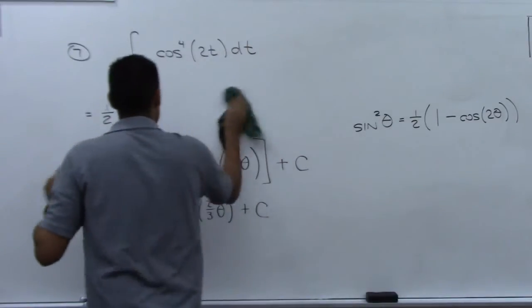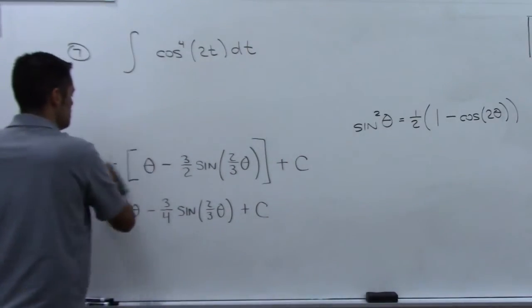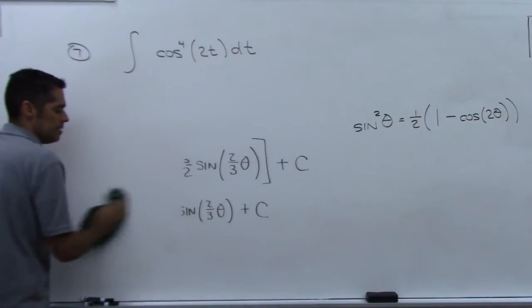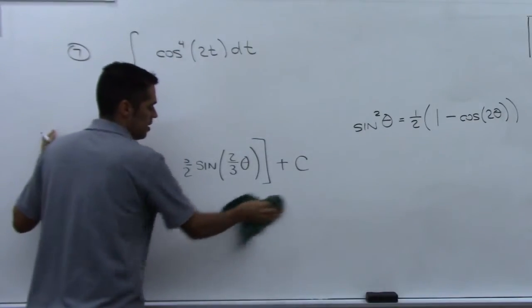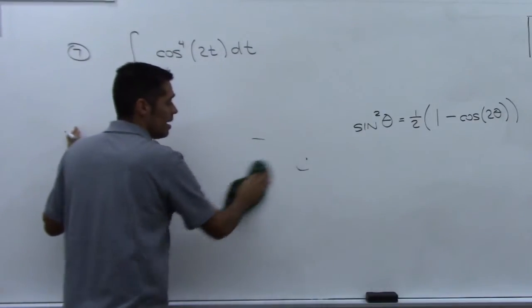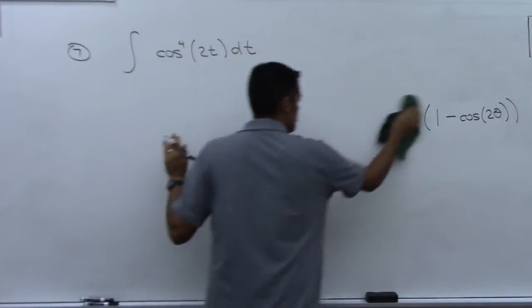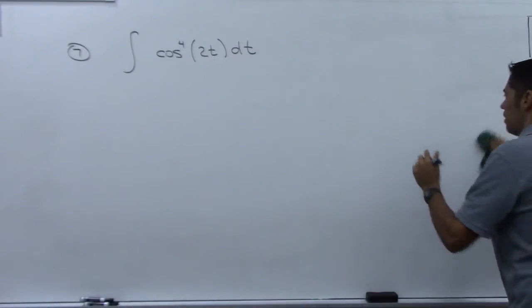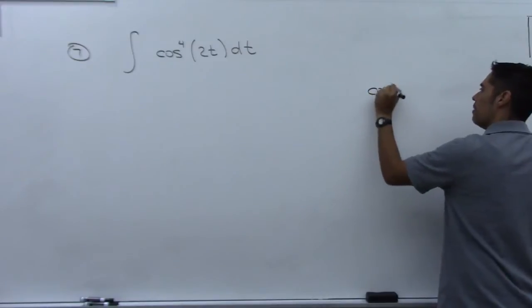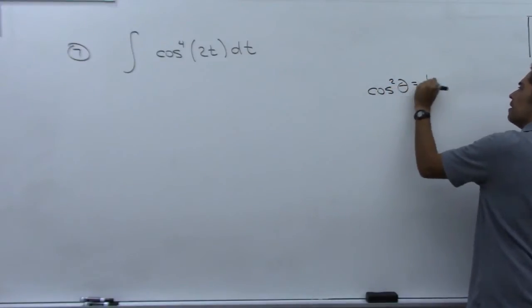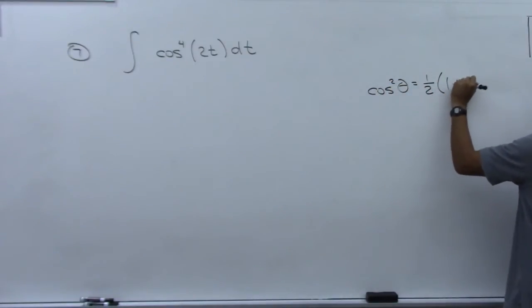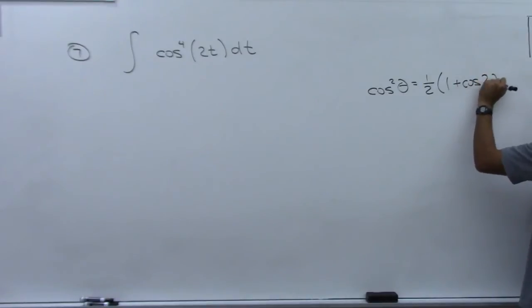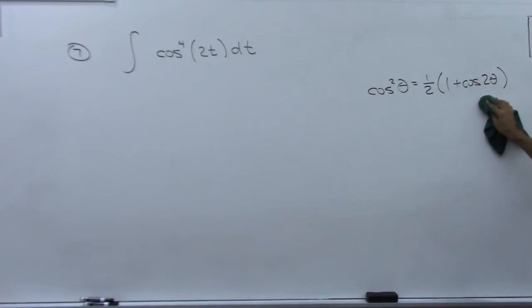Now, the reason it's going to be ugly is because it's cosine to the 4th, so I can't do what I did when it was odd and just pull out a cosine. Because it's even, I know I'm going to have to use that power-reducing formula. The power-reducing formula for cosine I had up on the board a second ago is this one. I'm just going to put 2 theta without parentheses.